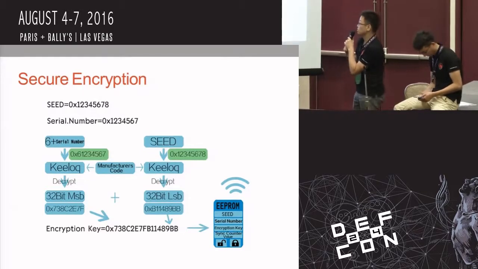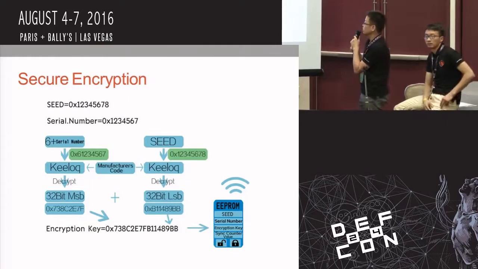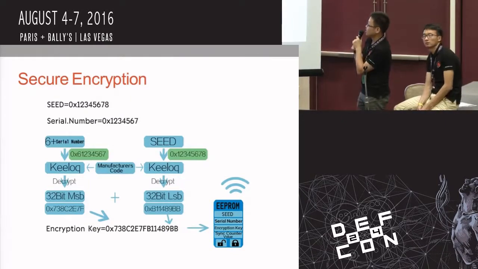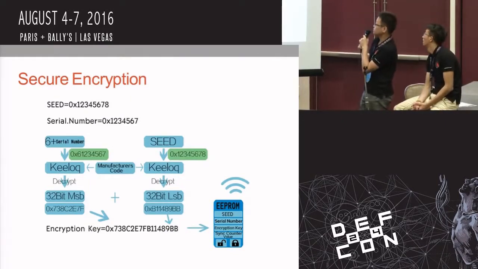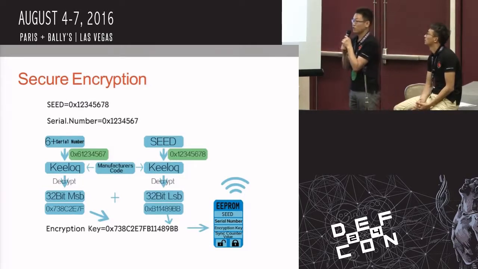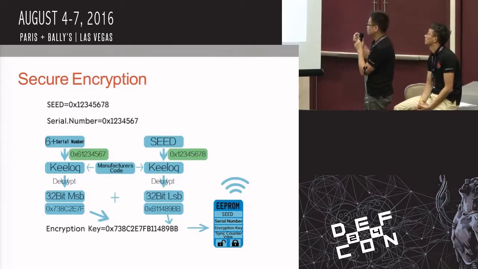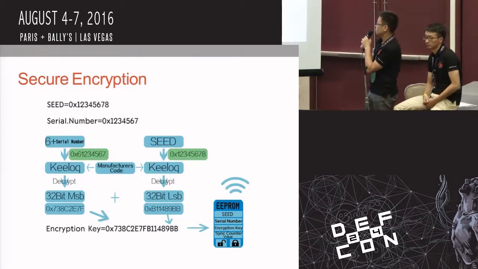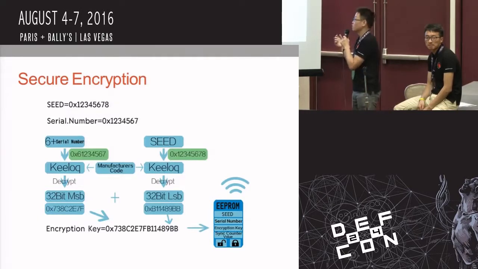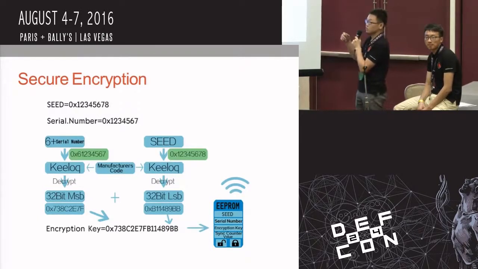The next, I think, is the most secure way, the secure encryption. The difference is it has a seed. The seed is unique to every key fob, and it's random. So if we get the seed of one key fob, we could not use it to open other cars.